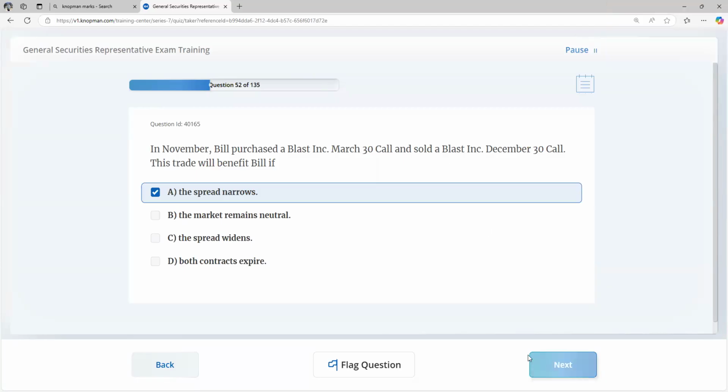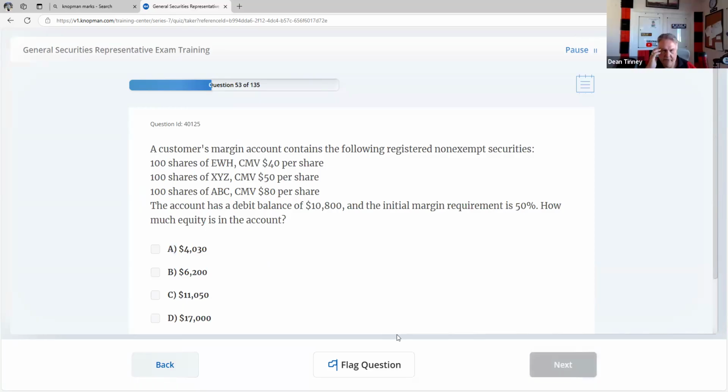A customer margin account contains the following registered non-exempt securities: 100 shares of EWH at 40, 100 shares of XYZ at 50, 100 shares of ABC at 80. The account has a debit balance of 10.8, and the initial margin requirement is 50%.